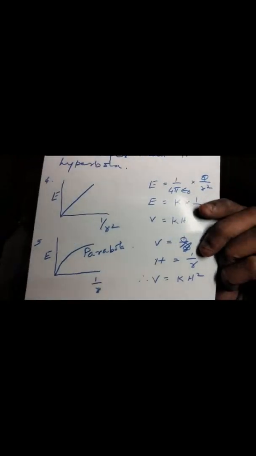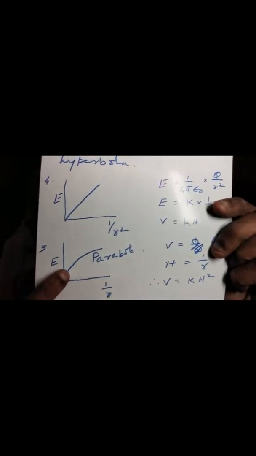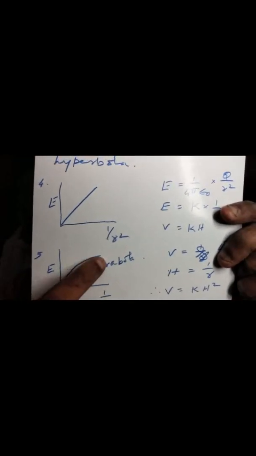KH square is the equation of parabola starting from the origin. So for the same formula, we can have different forms of graphs. We will see this type of questions again. Thank you.